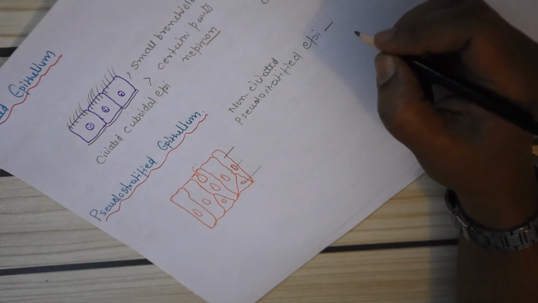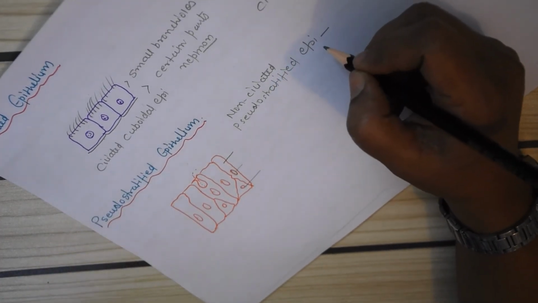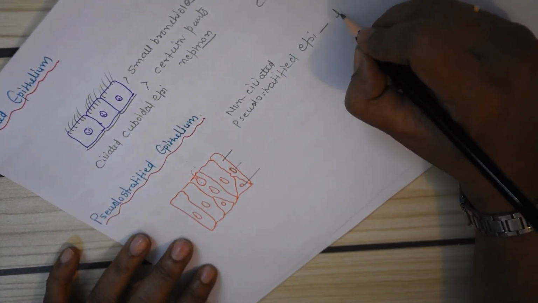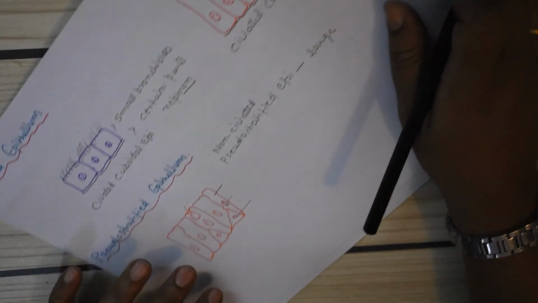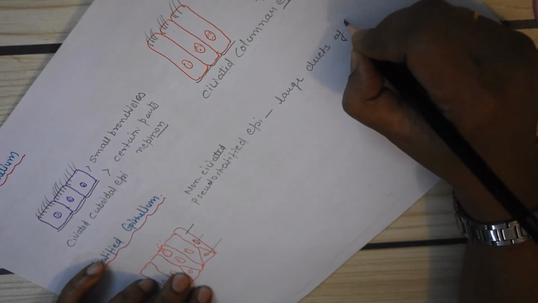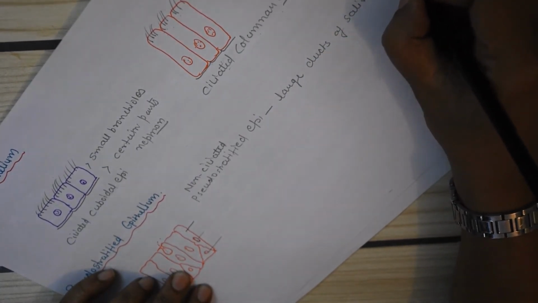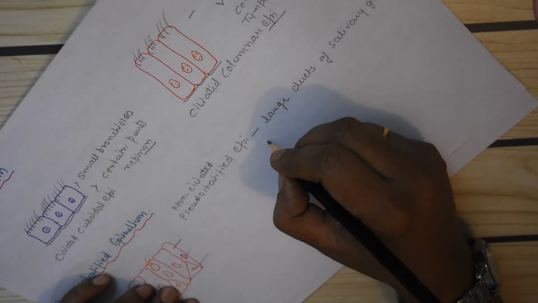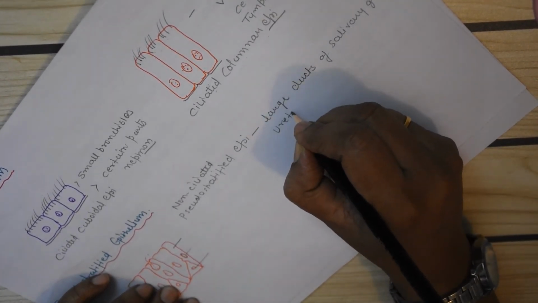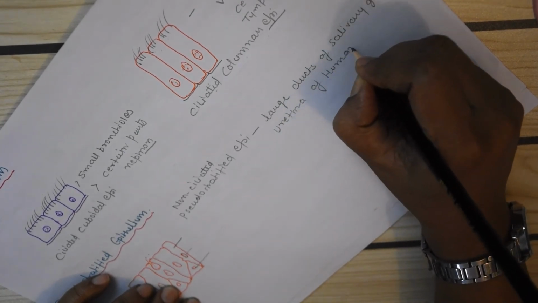This type of non-ciliated pseudo-stratified epithelium is found in the large ducts of the salivary gland, like the parotid gland, and the urethra of the human male.